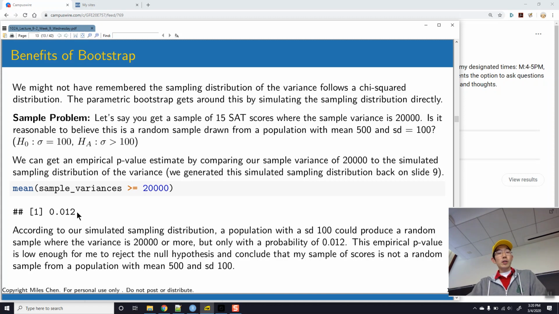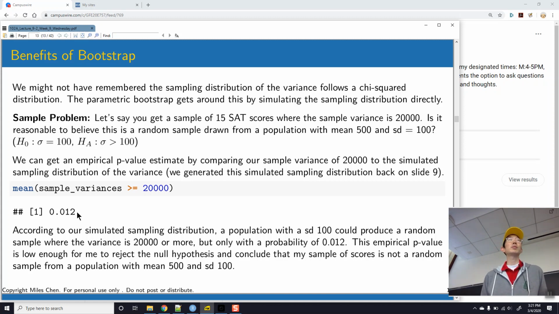And so this says, according to our simulated sampling distribution, a population where the standard deviation is 100 technically could produce a random sample where the variance is 20,000 or more, but that's only going to happen with a probability of 0.012. Okay, and so this empirical p-value is low enough for me to reject the null hypothesis and conclude that my sample of scores is not really a random sample drawn from a population where the standard deviation is 100.